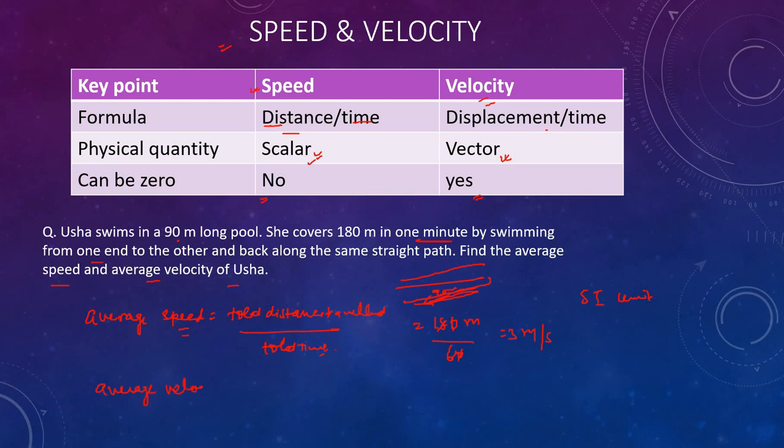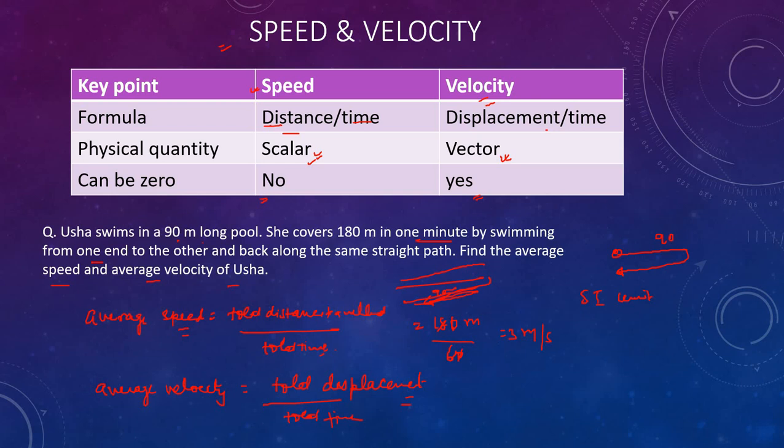Now what is the average velocity? So average velocity is basically total displacement by total time. So total displacement, the person has started from, suppose A, has gone 90 meter here and then come back again to the same position. So if you look at the final and initial position, the person has the same.